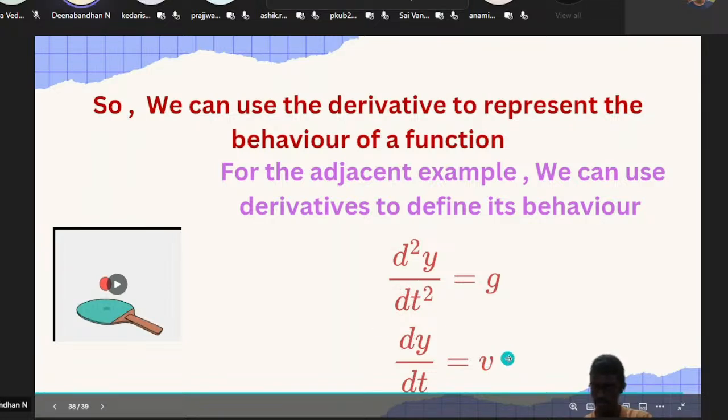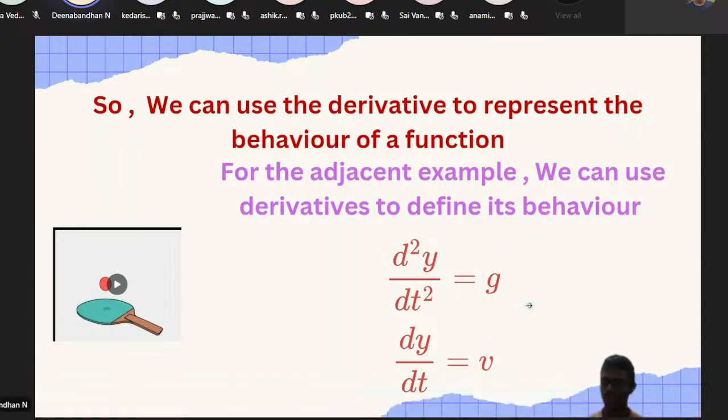Now, this velocity is also a dependent variable, right? It varies with time. So they thought, basically, to find the variation of v with respect to time. They are basically finding dv by dt, and they found it is g, which is a constant. See, the whole equation h equals ut plus half at square, or y equals ut plus half at square, decomposes to just two equations.